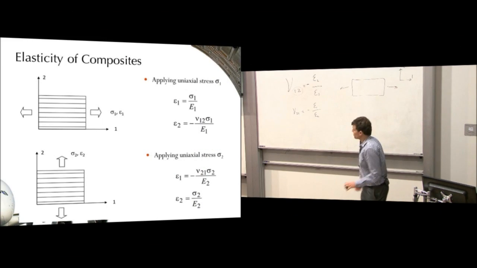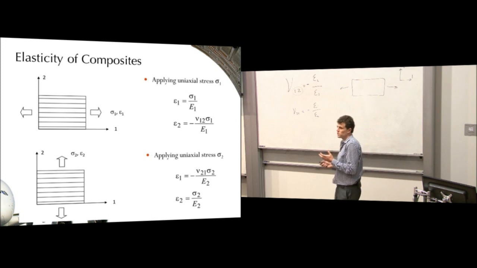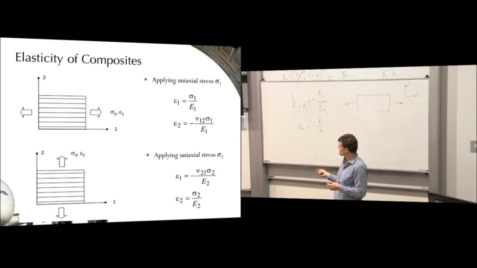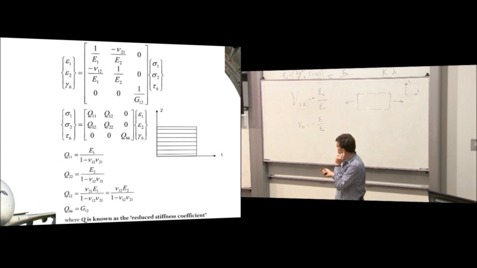So just like last week, when we want to work out the full elasticity matrix or the stiffness matrix for this material, we have to apply strains in one direction, strains in the two direction, or measure strains based on stresses. Here we apply stress in the two direction and measure strains. We can combine them into a matrix like we did last week.